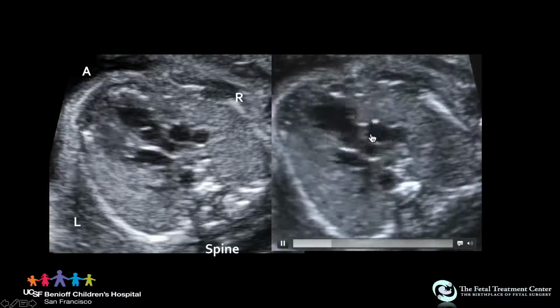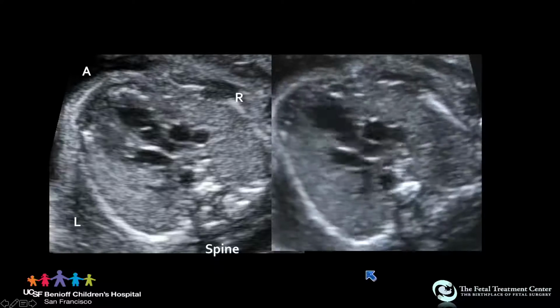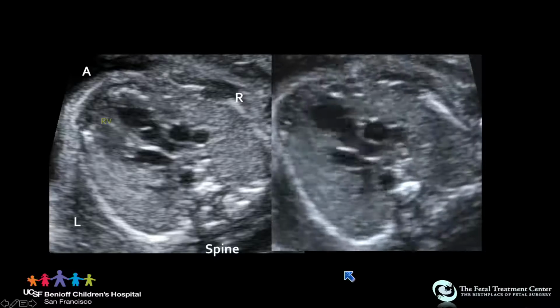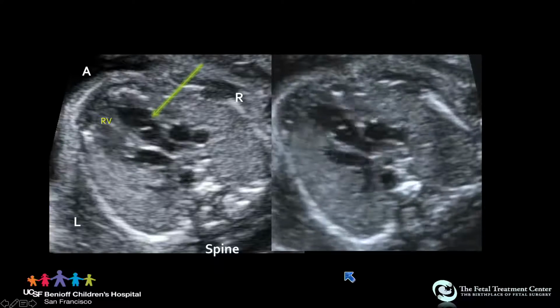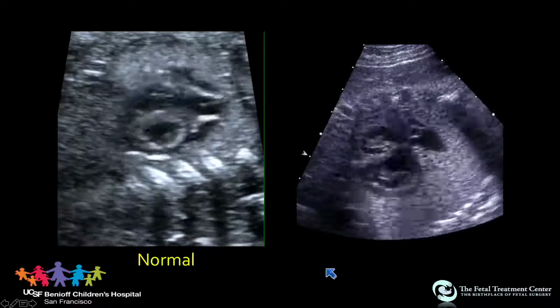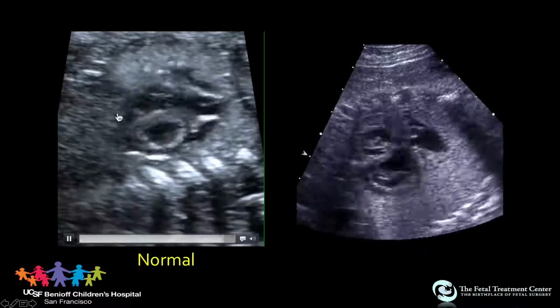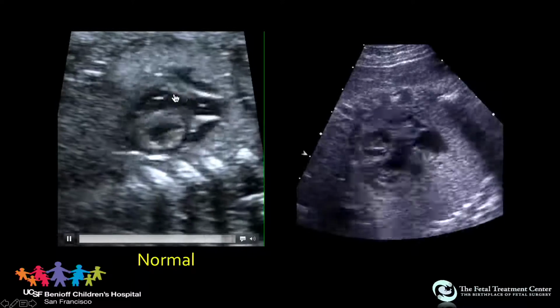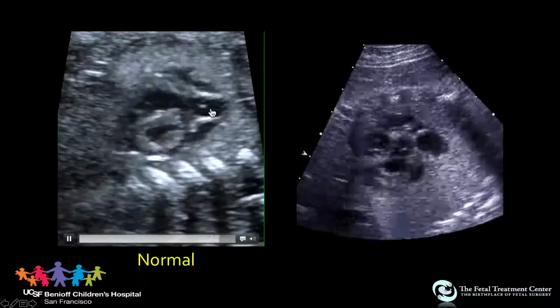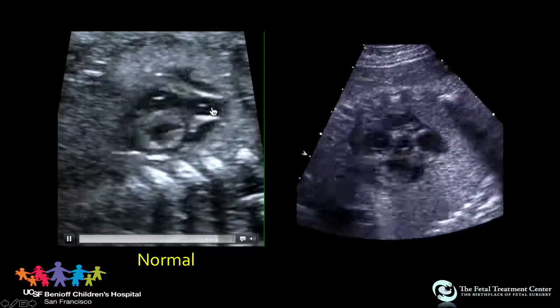We're almost in a three-vessel view, as Alfred said earlier. There's been some debate of whether this is a three-vessel view or an RV outflow tract view, but you certainly can see that portion of the infundibulum in this type of imaging. And then that's not quite sagittal, but an off-axis view looking at the RV outflow tract will show us the infundibulum, and a very nice look at the pulmonary valve.